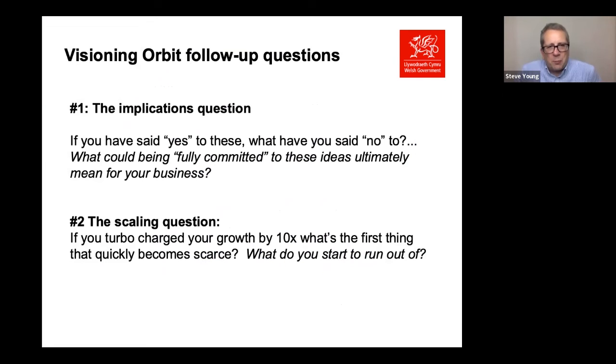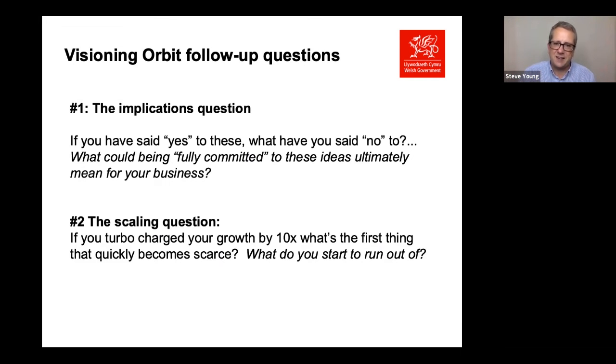So I guess a couple of quick questions on our draft. First of all, if you've said yes to some of these things, what have you said no to? What I mean by that is, from a strategy point of view, this is always one of the 2 questions I ask. If you've decided that, for the sake of argument, we're going to go for regional expansion, so at the moment we're just in Wales, but we're going to go to the Northwest and Yorkshire, or we're going to go from this particular market segment to that particular market segment.